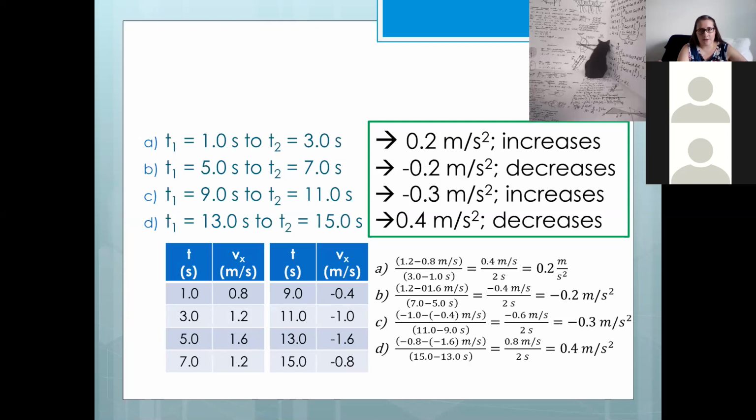It doesn't care about the direction. So if we're going from a speed of 0.4 to a speed of 1, we have increased our speed. And likewise, if we're going from a speed of 1.6 to a speed of 0.8, we have decreased our speed.